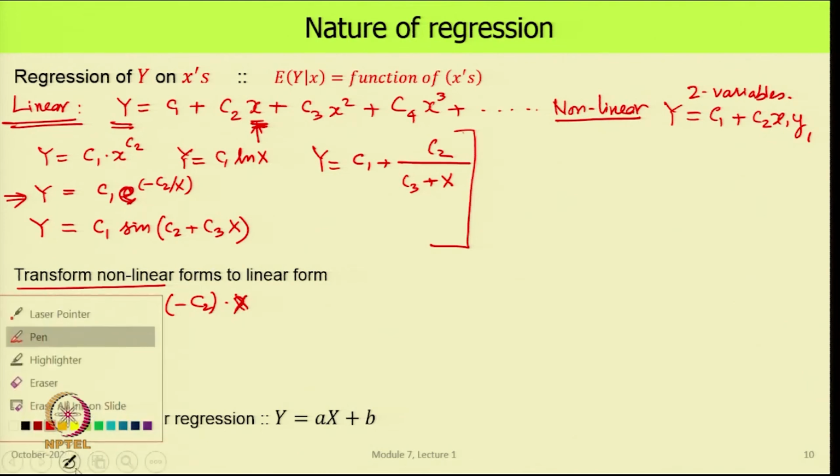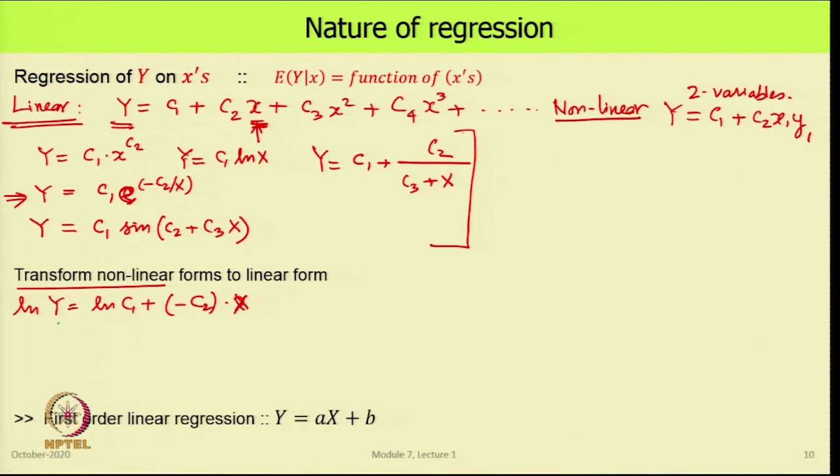So, what has happened now is that we have a relation between ln y, which we will call our transformed y, as a function of something plus x. So, the relation between x and y is now linear, and in this we can now apply all the theory that we are going to learn.